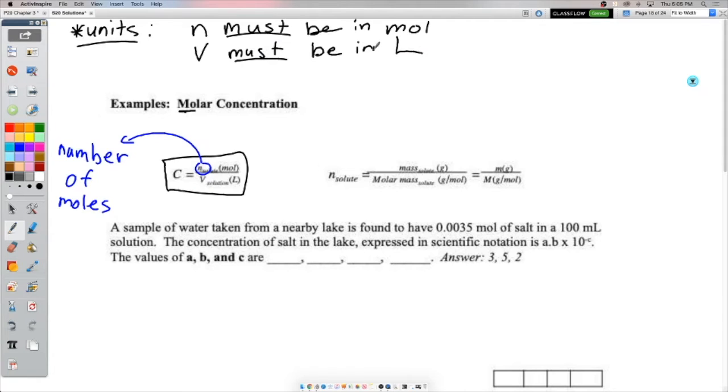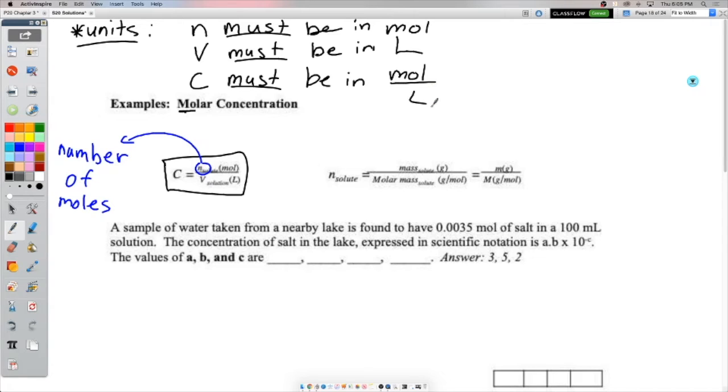You don't have the option. V's got to be in liters. So the volume, the amount it takes up, must be in liters. Finally, the concentration. If n must be in moles, V must be liters, and C is n over V, then C, it's no surprise, must be in moles per liter, right?